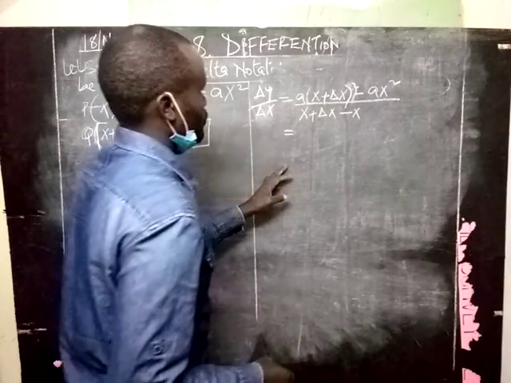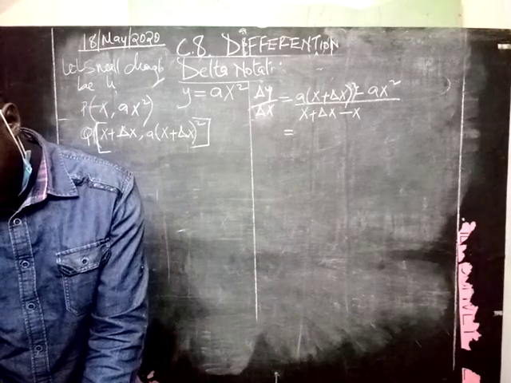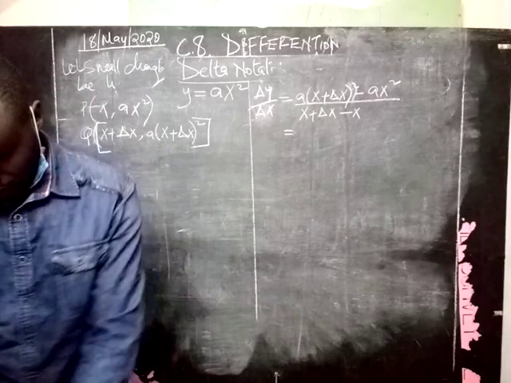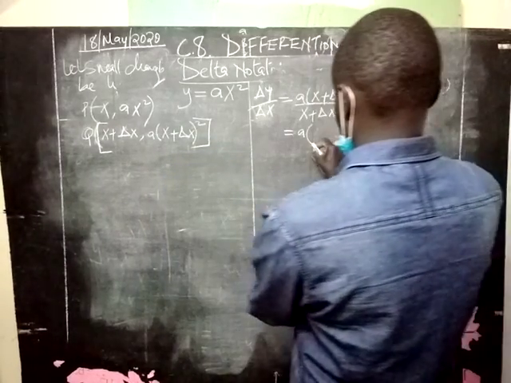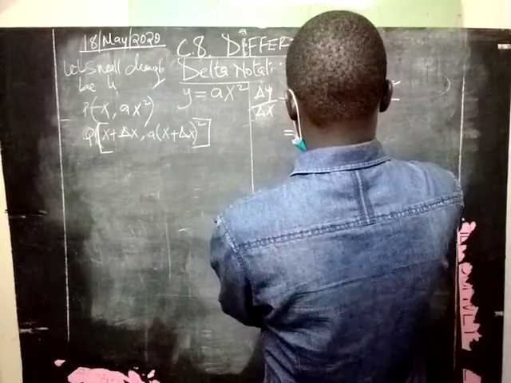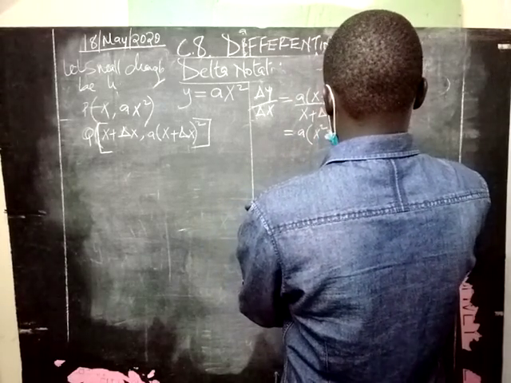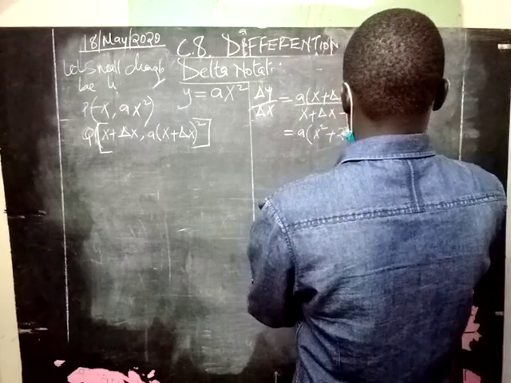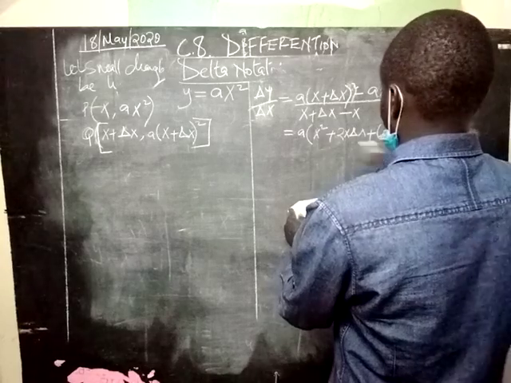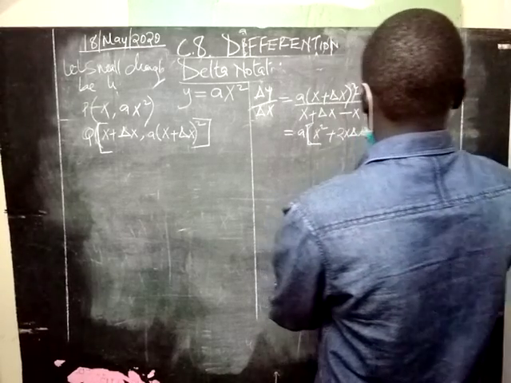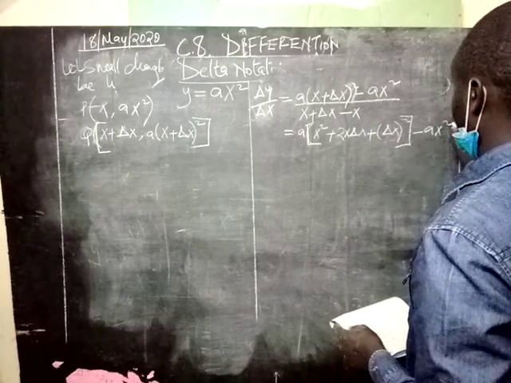So we are going to open this, and we are going to have a times x squared plus 2x delta x plus delta x squared, minus a x squared.